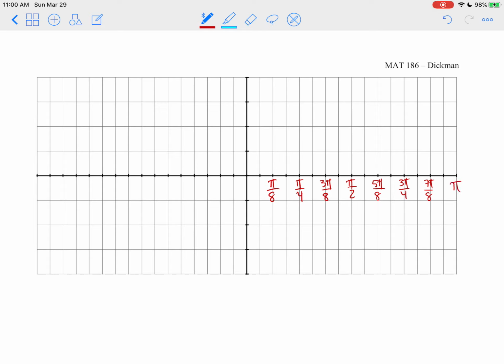And then 8 pi over 8 gives me pi. And I can just do these in the negative direction as well. And I am counting up the same way I just did in my head so I don't mess it all up like I did last time.